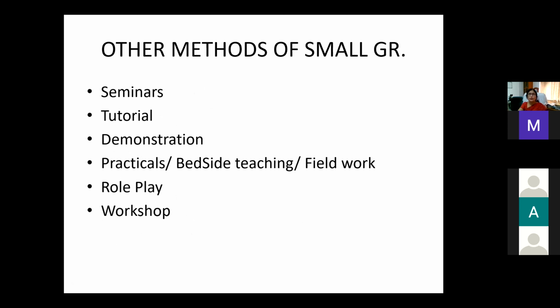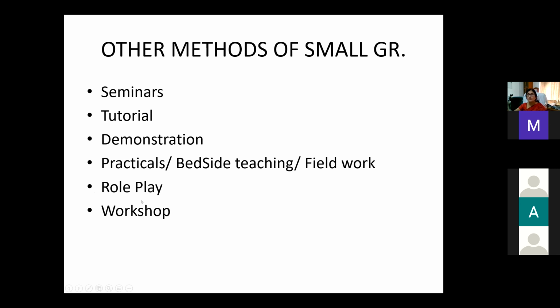So as I told you, I will be dealing mainly with group discussion, and I have given you all the aspects of group discussion. There are other methods which we all use in our day-to-day practice, like seminars, tutorials, demonstrations, practicals, bedside teaching, etc. Role play again, nowadays, previously we were not using role plays, but nowadays because of the new CBME curriculum, the MET department is actively working in all the colleges.